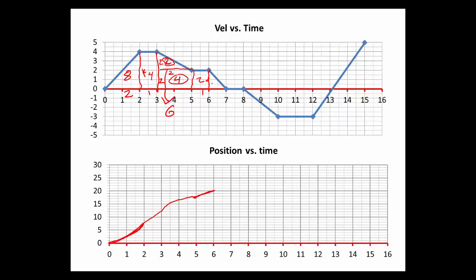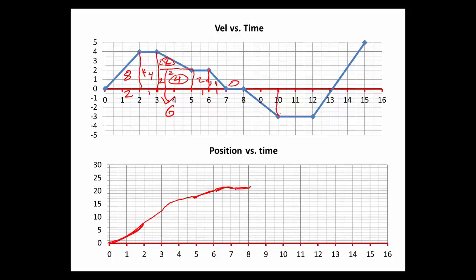And then in this last section, it is 1 by 2, half base times height, gives me an area of 1, so I'm going to go up to 21. And now it's going to be this curved graph. This next section, I have an area of 0. So I'm going to go over to the same point, 21, a straight line.